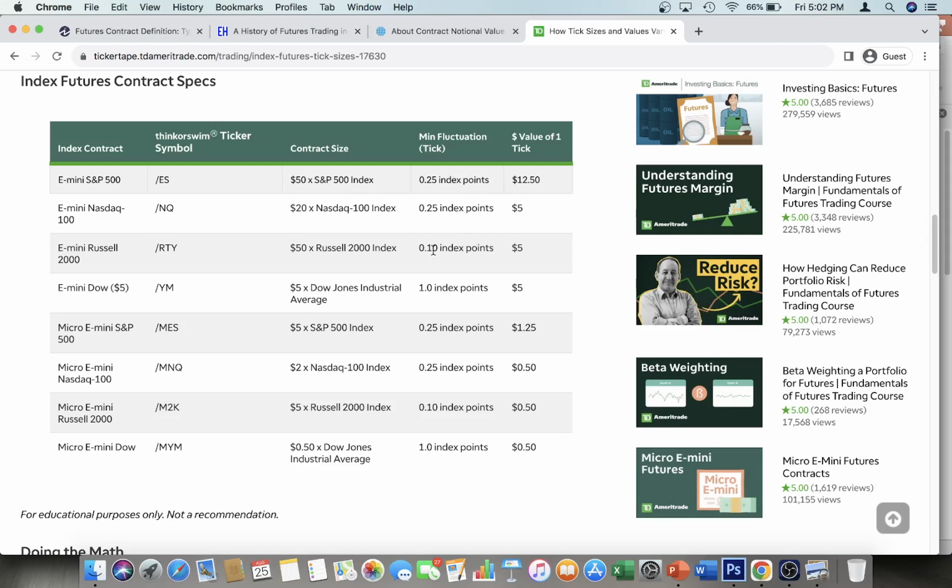You can look at it for whatever position you're trading. If you're trading one ES contract, each tick is $12.50, each point is $50, and each 10 points is $500, and so forth. You can calculate that relatively easily.